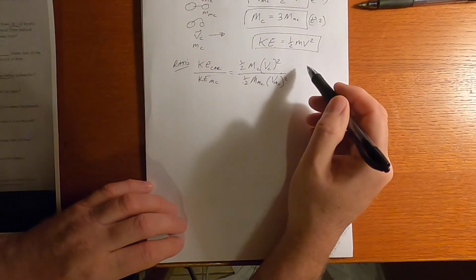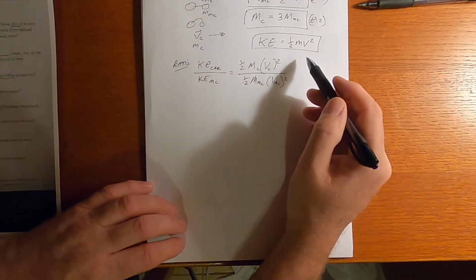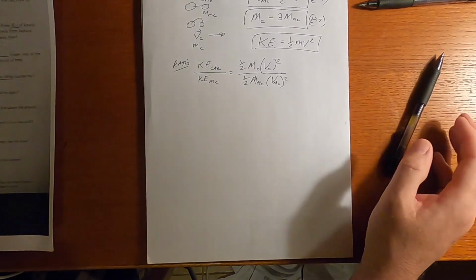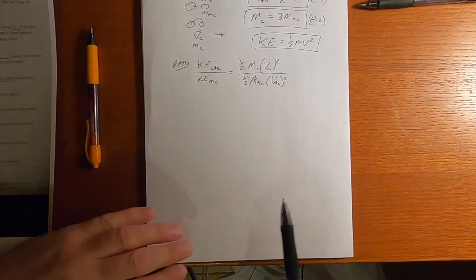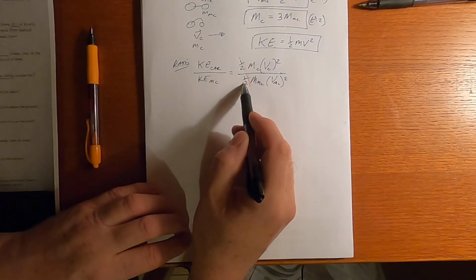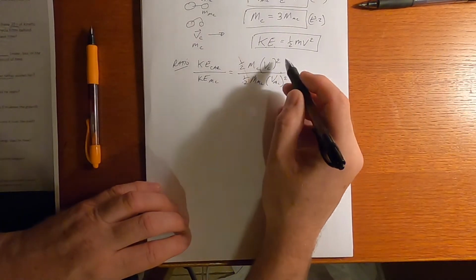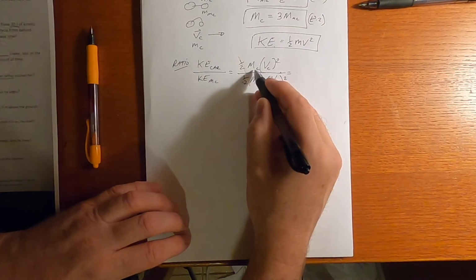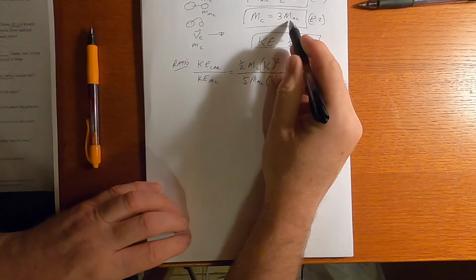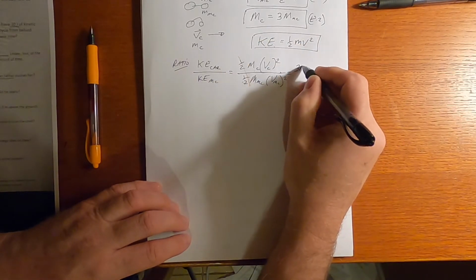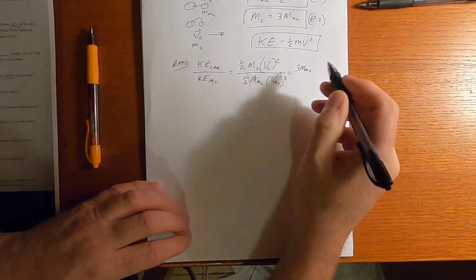Then we have to substitute into this equation. First off, I can cross out some things here. The 1/2 is gone. 1/2 over 1/2 is 1. How about the mass of the car? Let's put it in terms of the motorcycle: it is 3 masses of the motorcycle.